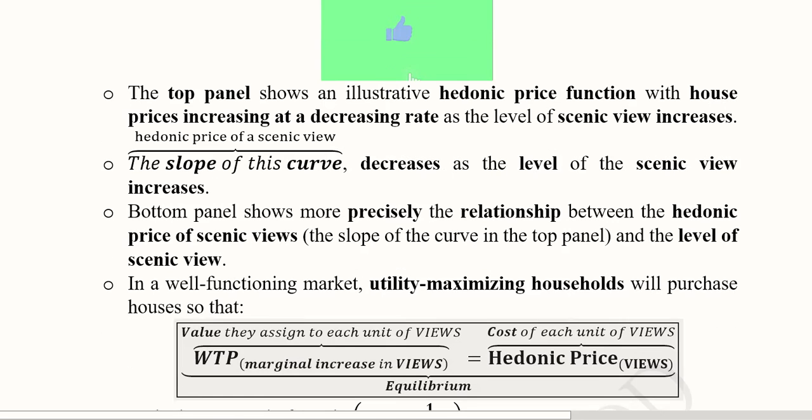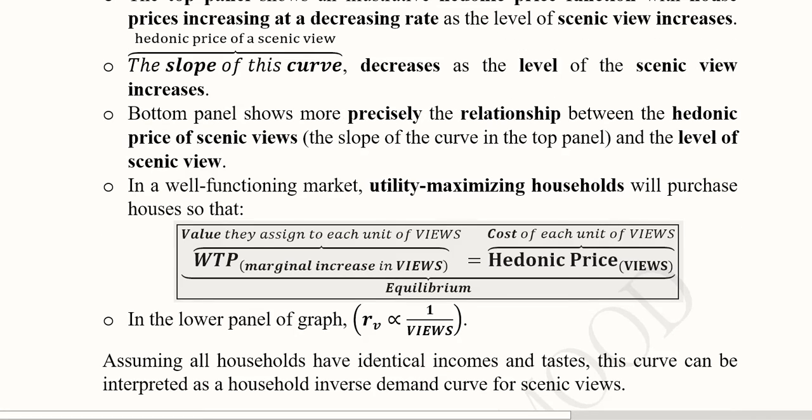There are a few other things that have been explained in the diagram, but we can also see the explanation here. This is the description of the first panel of the diagram. This is the second panel of the diagram. Now this is the equilibrium condition: if there is a well-functioning market free from externalities, then the utility maximizing households will purchase the houses in a situation where the value that they assign is equal to the cost that they pay.